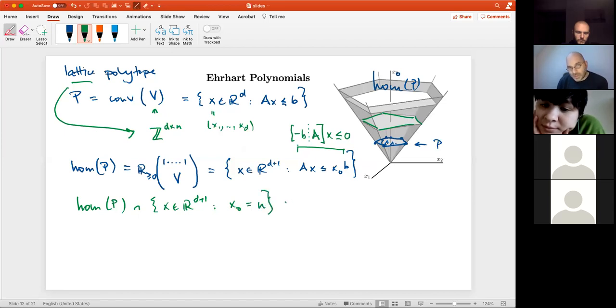You essentially see n times P. Really what you see is n times P cross n, but who's counting? If I'm interested in dilations of my polytope, then Hom of P is your friend. It is a cone that contains all positive dilations at the same time.